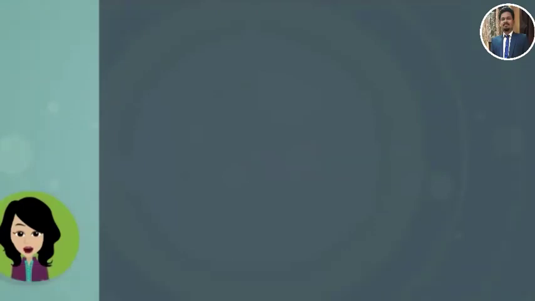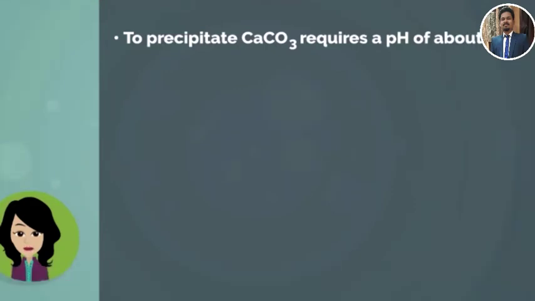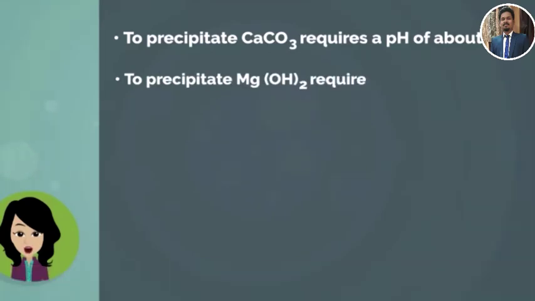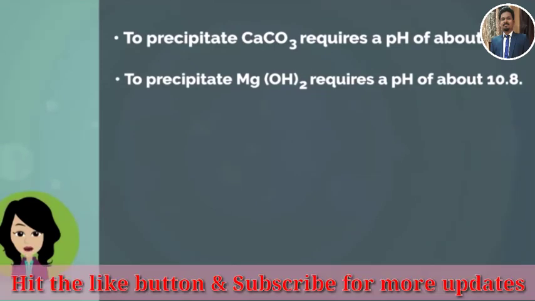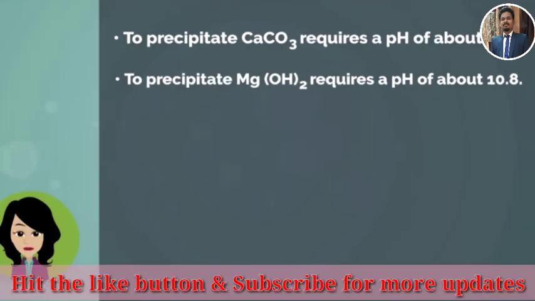Keeping the equations in mind, to precipitate calcium carbonate requires a pH of about 9.5, and to precipitate magnesium hydroxide requires a pH of about 10.8. Therefore, an excess lime of about 1.25 milliequivalents per liter is required to raise the pH.